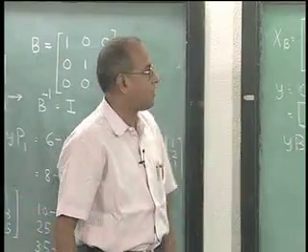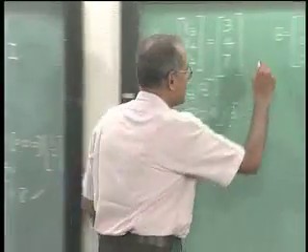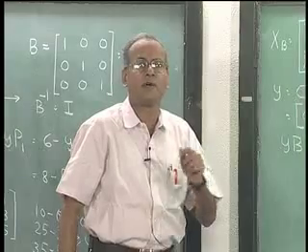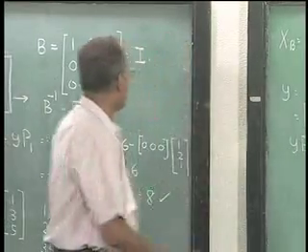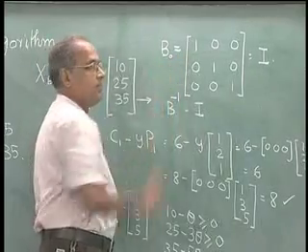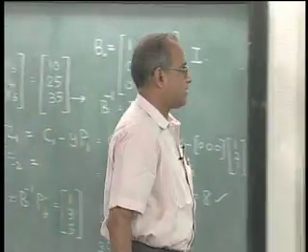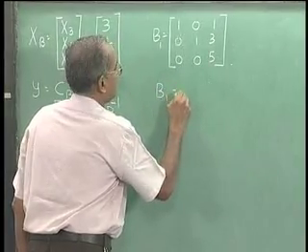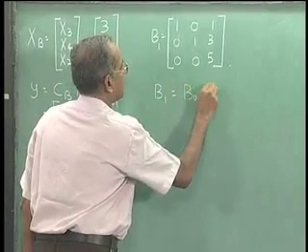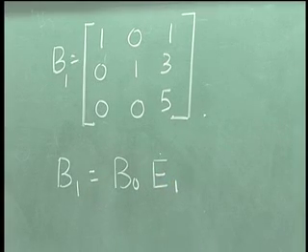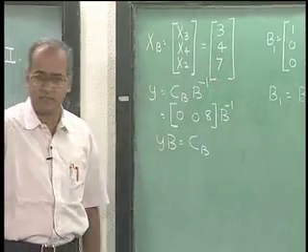So, what we will do now is, we simply call this B as B1, which is the basis matrix corresponding to iteration number 1. The earlier B, which was the starting iteration, is now called B0. Now, what we are going to do is to say that B1 is equal to B0 into E1, where E1 is called an eta matrix, and eta matrix is also a 3 by 3 matrix.